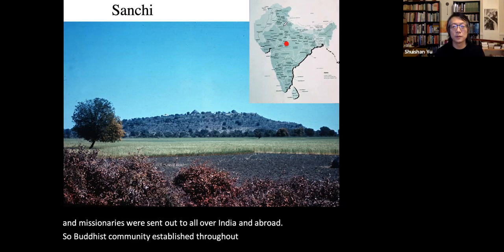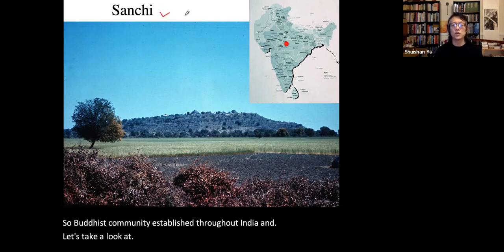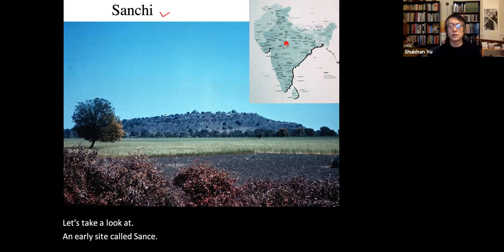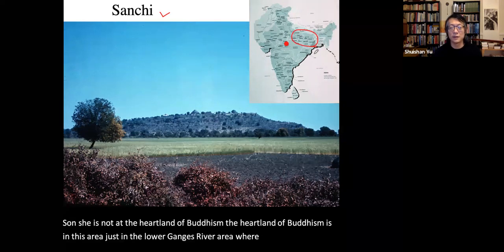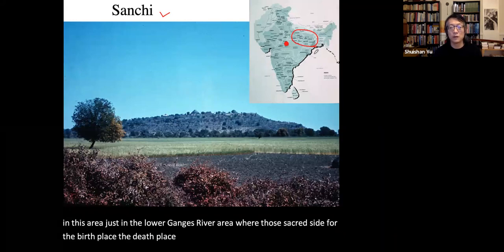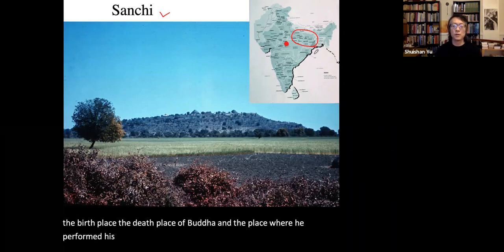And let's take a look at an early site called Sanchi. Sanchi is not at the heartland of Buddhism. The heartland of Buddhism is in this area, just in the lower Ganges River area, where those sacred sites for the birthplace, the death place of Buddha, and the place where he performed his first sermon and his Enlightenment location.